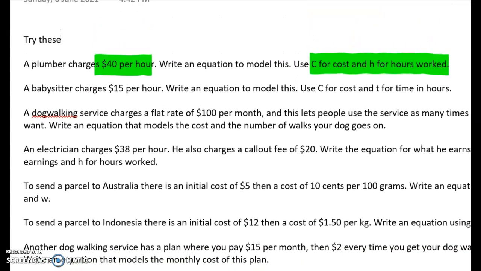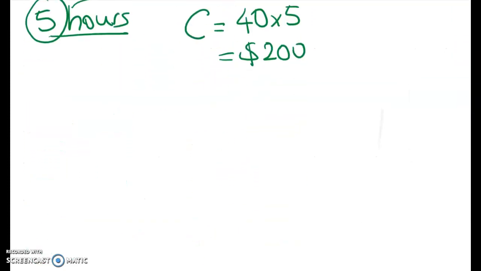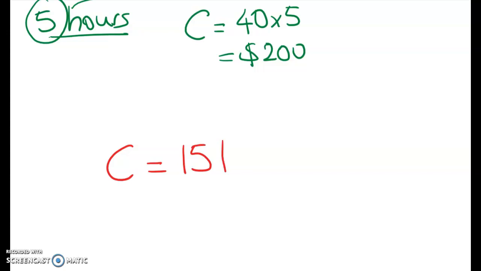The next one, babysitter charges $15 per hour. Write an equation, use C for the cost and T for the time in hours. So this time the equation would be C is equal to 15T. On my graph, I'd have T here and I'd have C here.